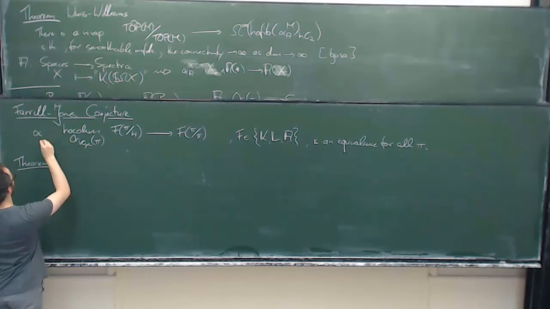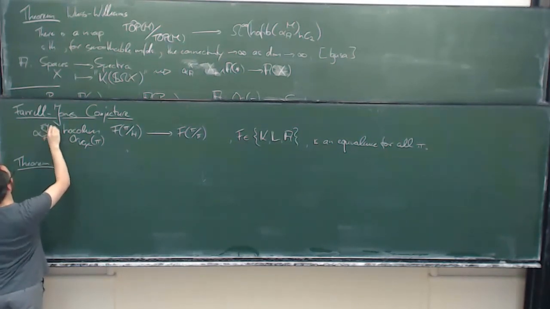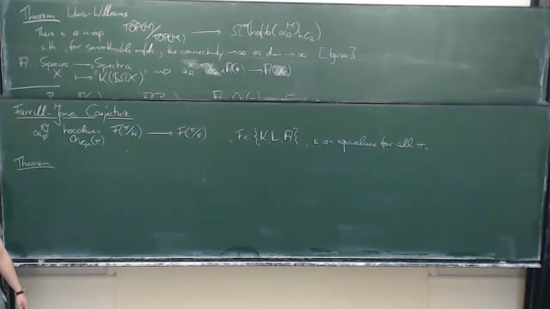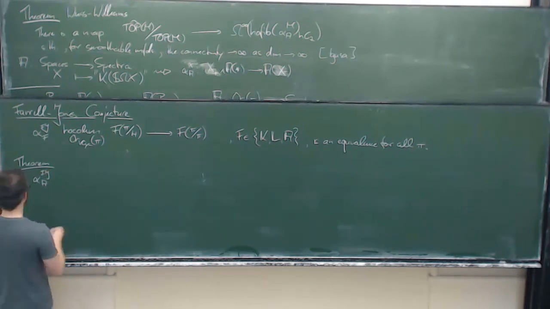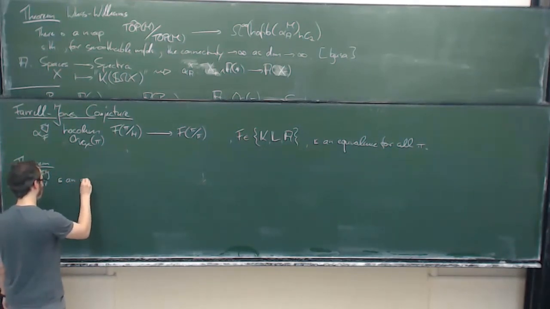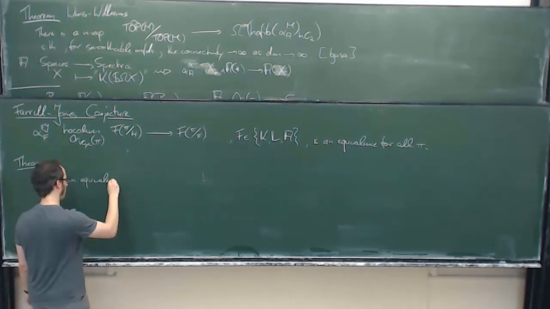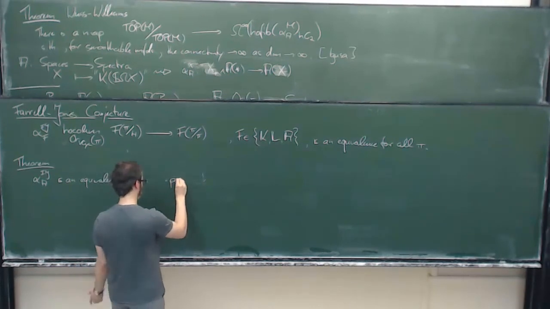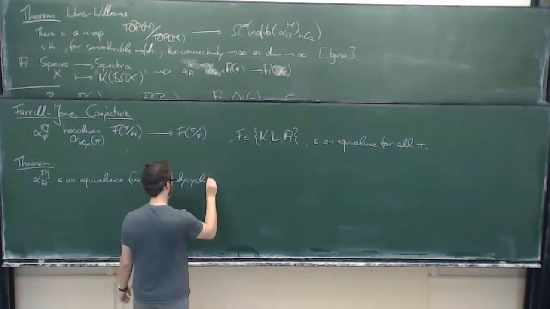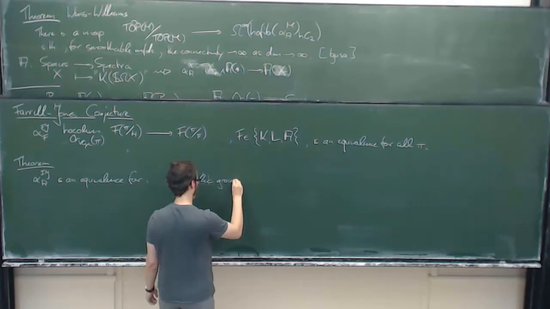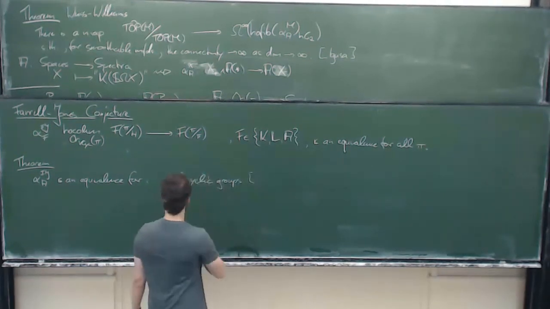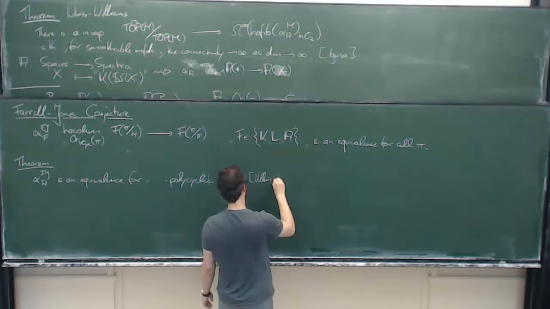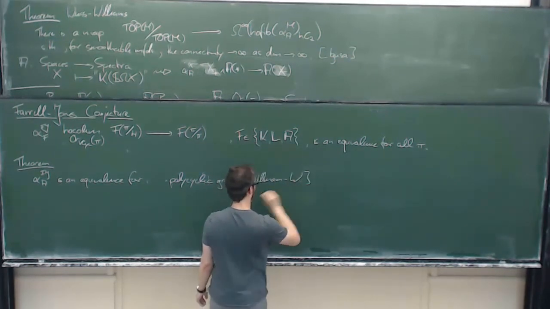Let me call this the Farrell-Jones assembly map associated to the functor F. So now I can say that the A-theoretic assembly map in the Farrell-Jones sense is an equivalence for polycyclic groups. This was proved by Mark Ullmann and myself.